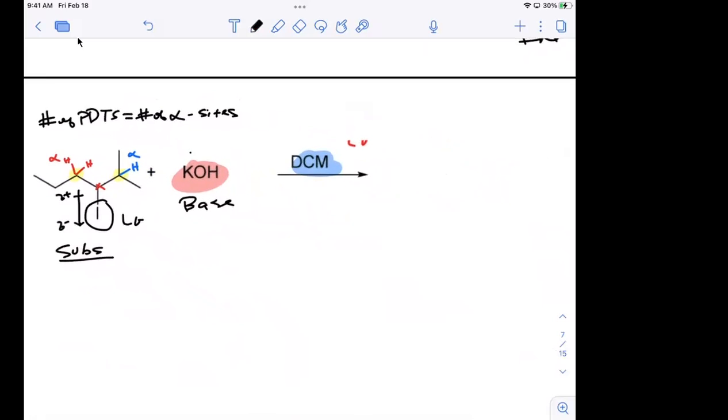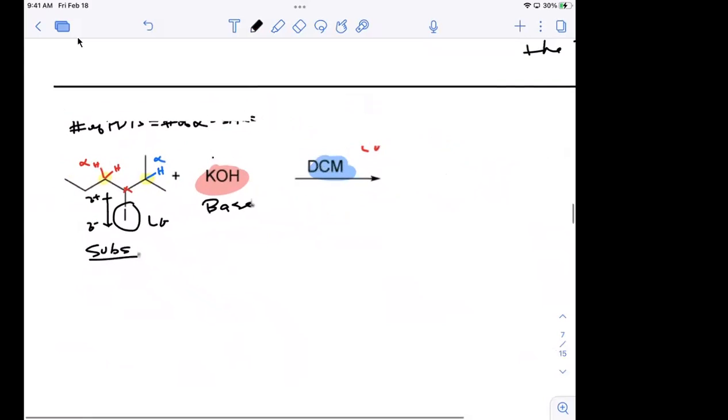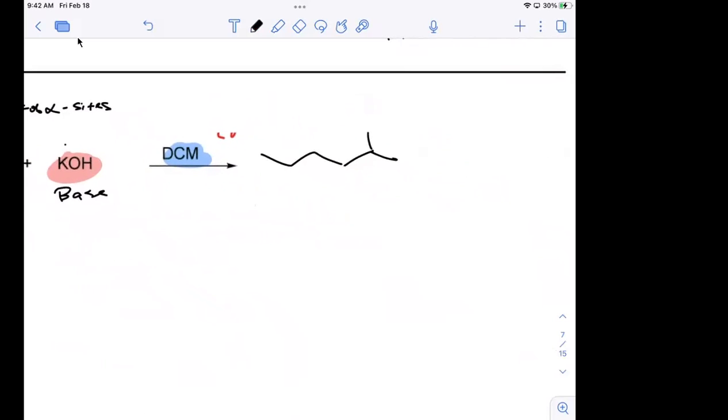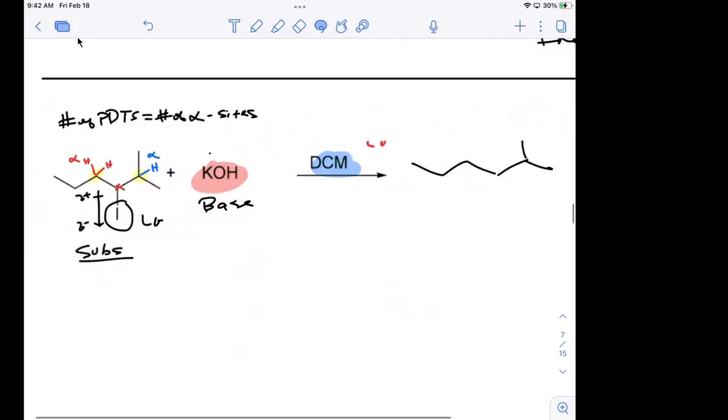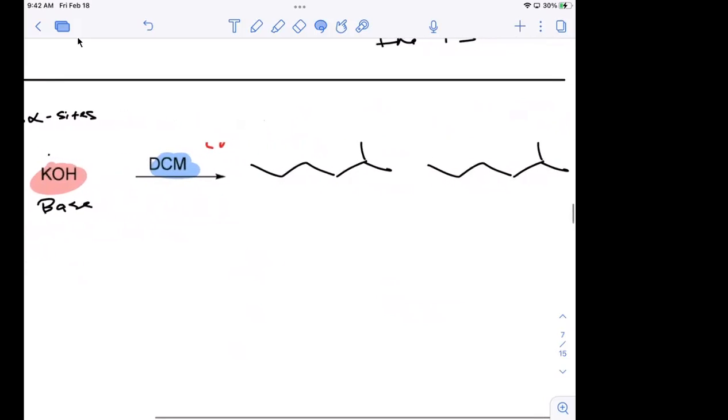All right. So let me put the two products in over here, and just copy that. One product is going to be with the double bond here.